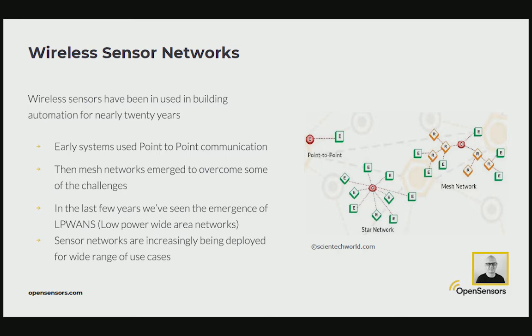What these provide are long battery life, good range, a very simple deployment method, and also lower cost. As a result, we're now starting to see wide-scale deployment of sensor networks, such as for occupancy, environmental monitoring, and increasingly now for service on demand.